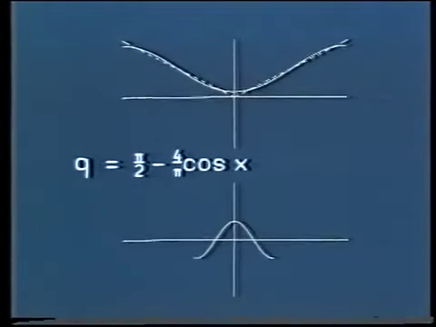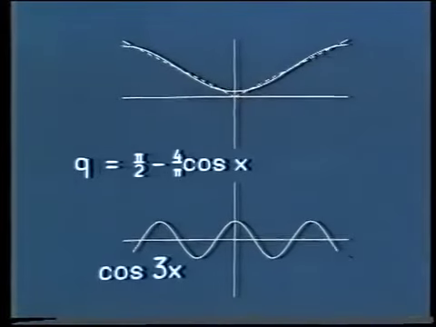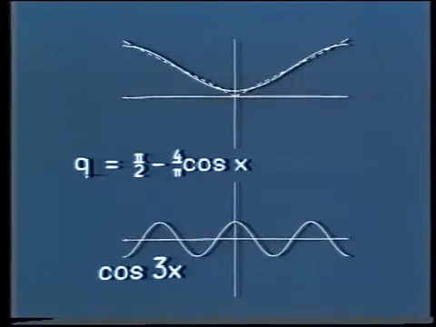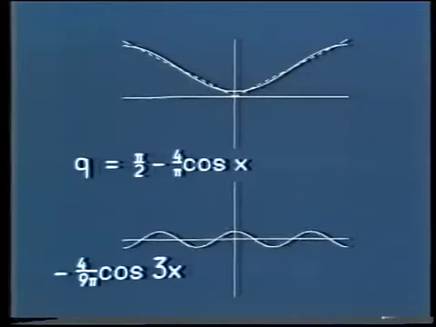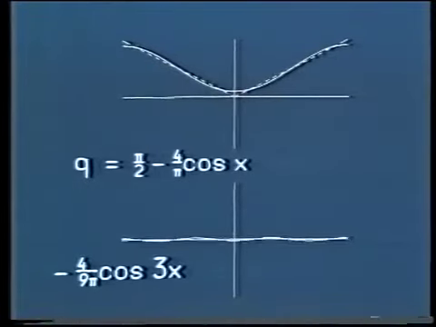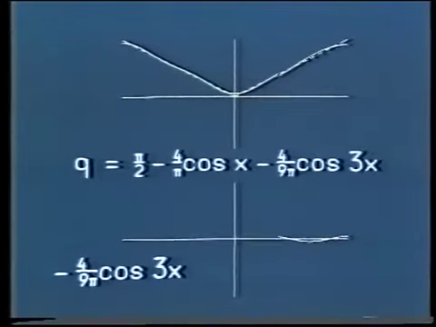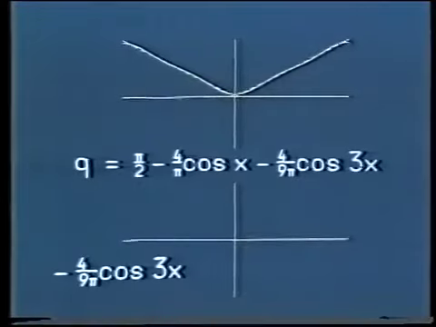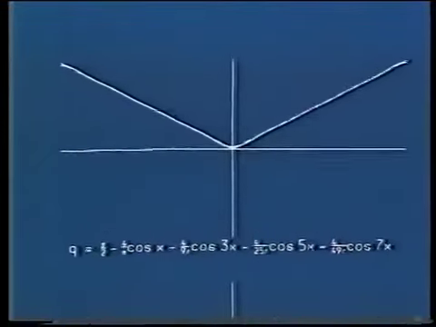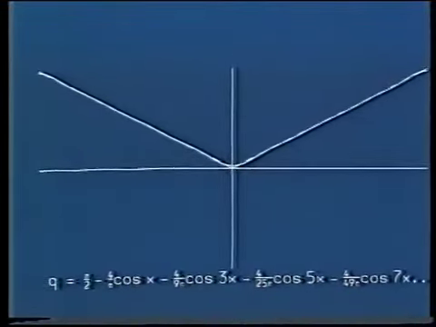The next function with a non-zero Fourier coefficient is cos 3x. Minus 4 over 9 pi is the coefficient. Adding as before gives an even better approximation. And we can keep going with additional orthogonal functions. These 5 terms give this approximation for mod x.